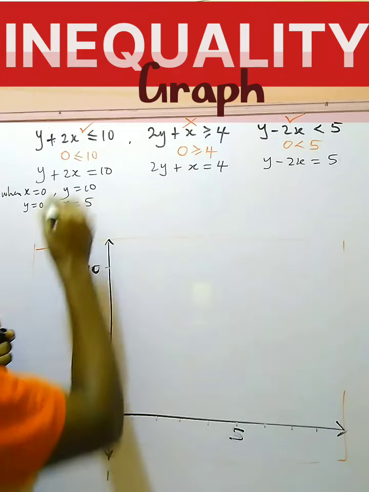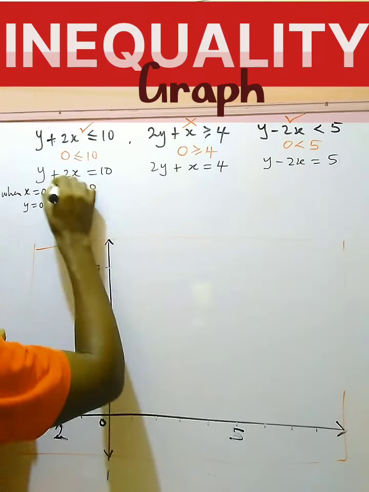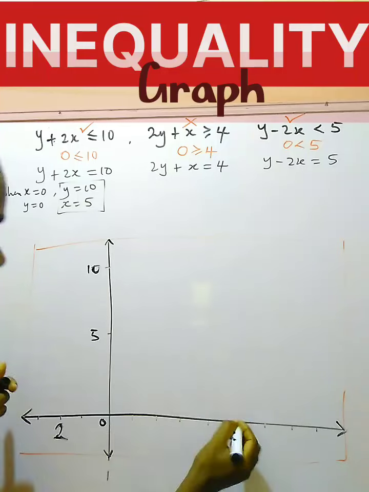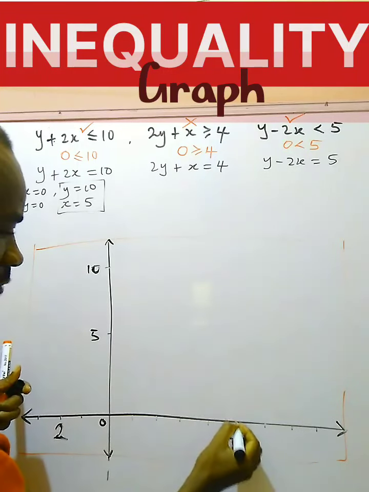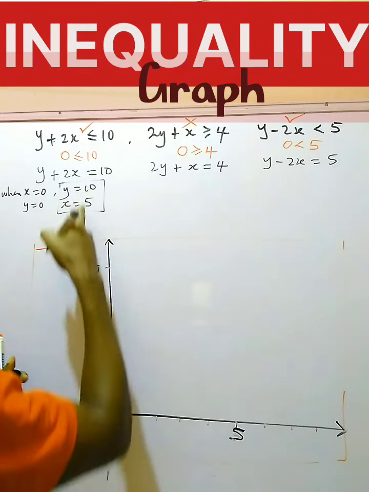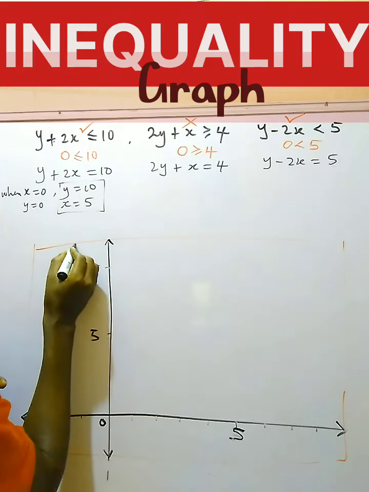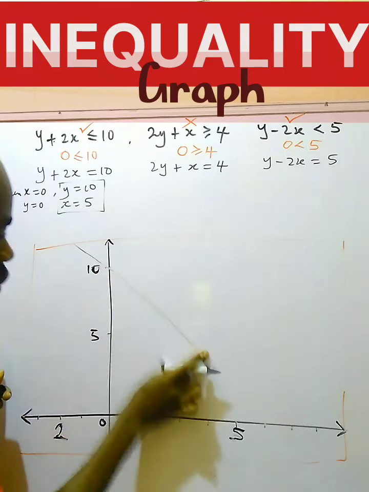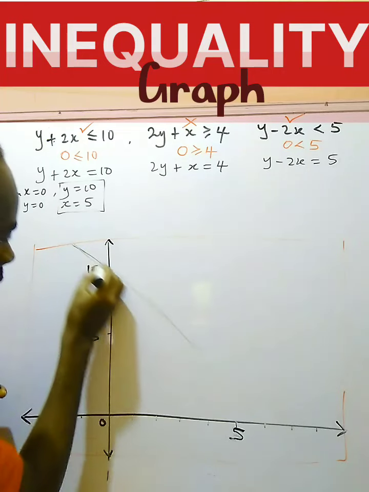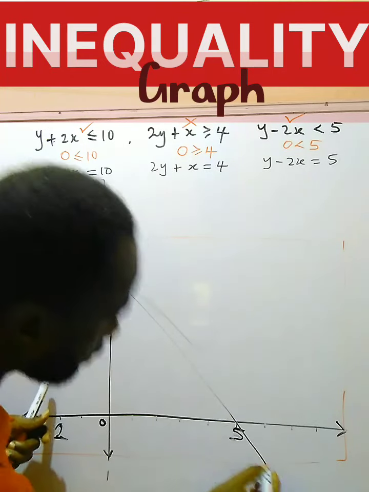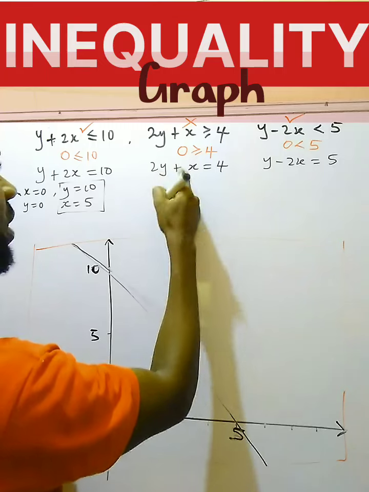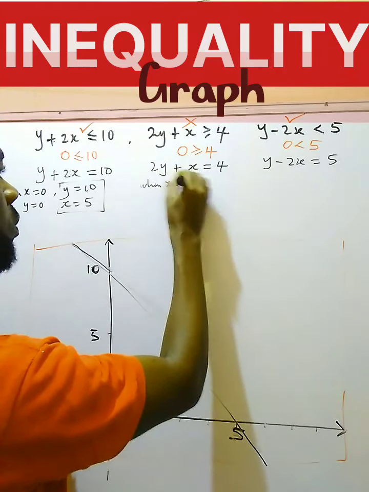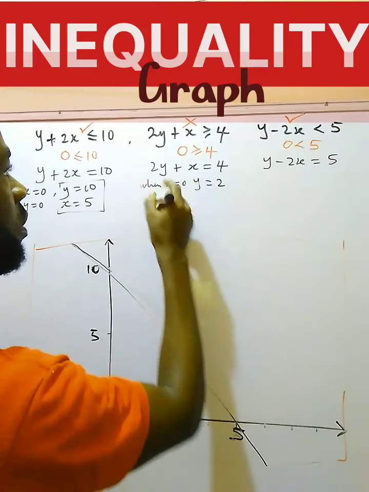So my intercept for this inequality is y is 10, x is 5, which means my line will pass through where x is 5 and where y is 10. So I'm going to draw a thick line to join those 2 points. We do the same thing for the next one. When x is equal to 0, y becomes 2.